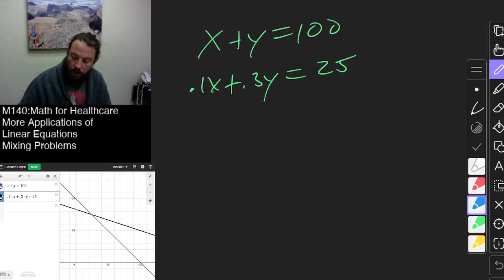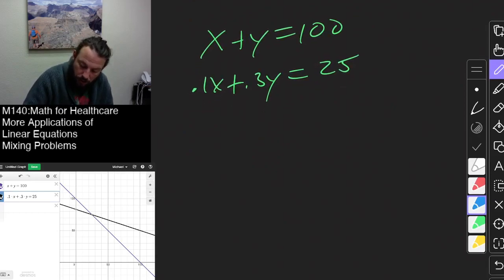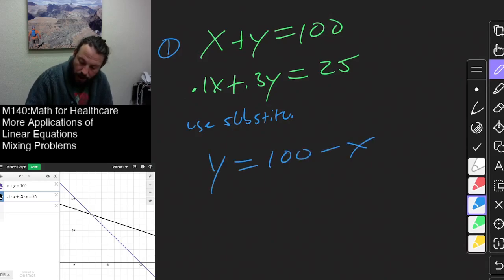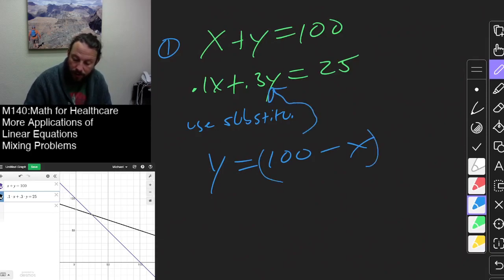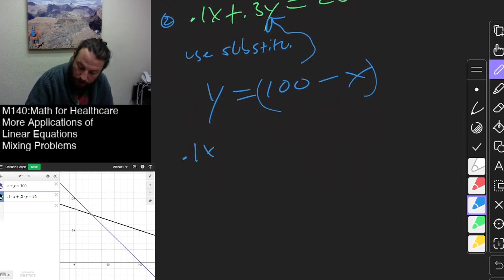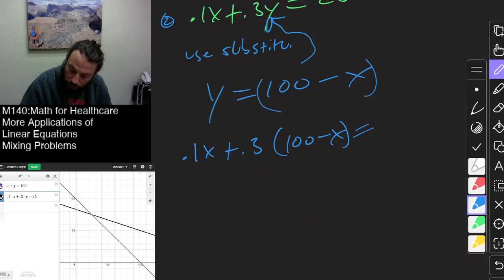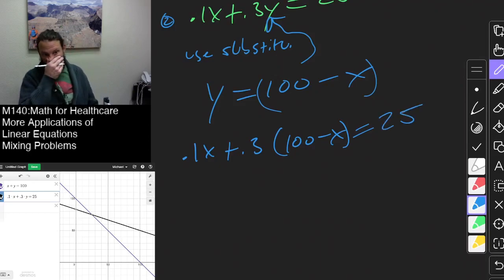I would use substitution, and use equation 1 to solve for y. So y equals 100 minus x. Then substitute that in for y in equation number 2. So we have 0.1x plus 0.3 times (100 minus x) equals 25.